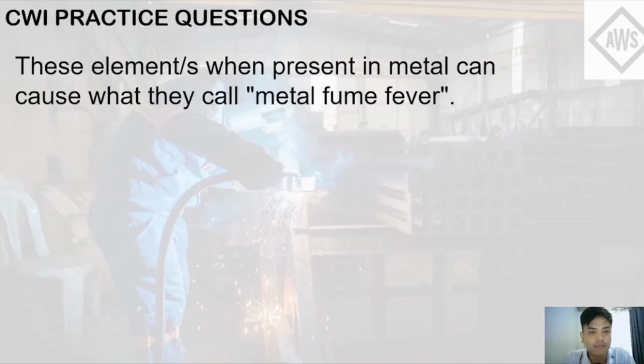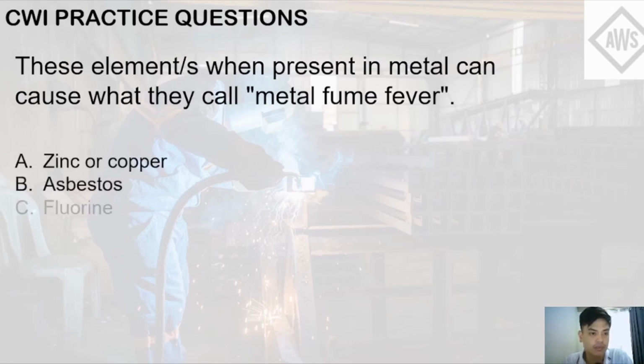This element or elements, when present in metal, can cause what they call metal fume fever. A, zinc or copper. B, asbestos. C, fluorine. D, none of the above. So letter B, asbestos, it is now known to be a cancerous substance or a very harmful substance.